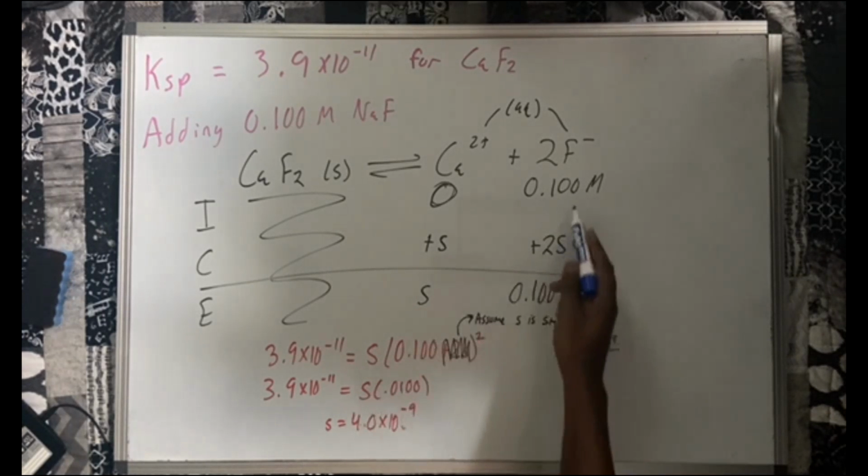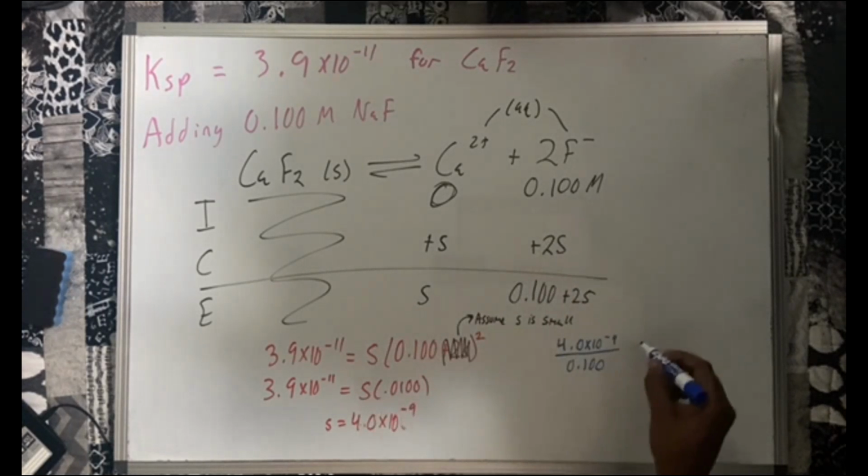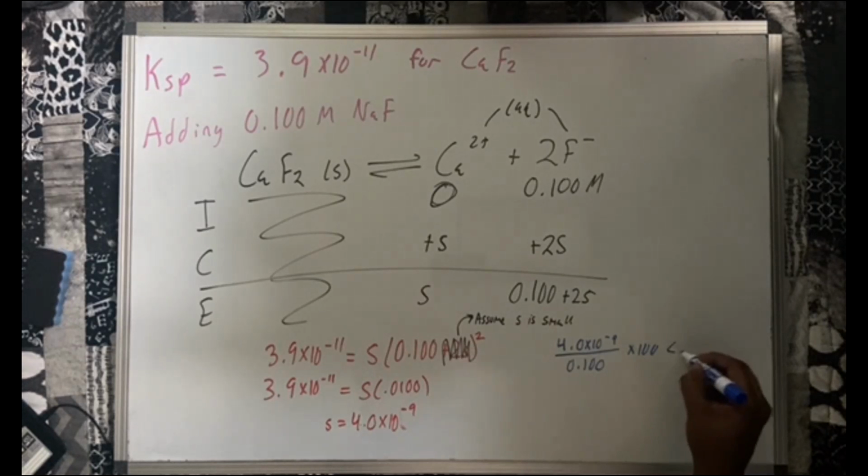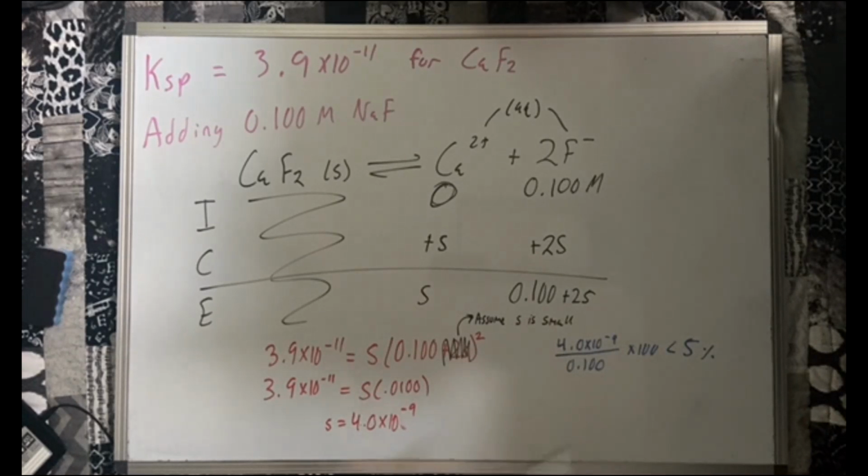We take the change divided by that and make sure it's less than 5% times 100. Okay, and that's most definitely less than 5%. So that means this guy's good. So here's our answer.